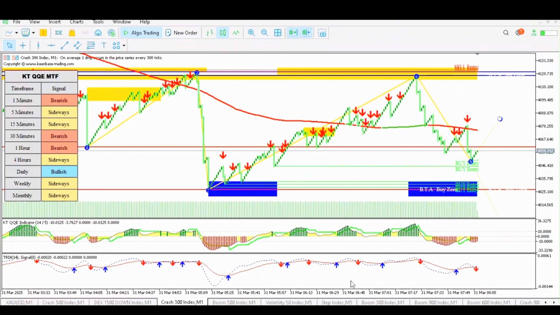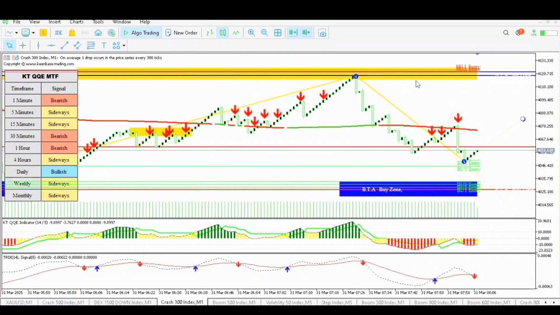So how does this system work? This system has got a lot of properties. As you can see, we have these nodes which are blue, those blue dots, guys. We have these shaded zones. This yellow one is the sell zone, and this blue one is the buy zone.